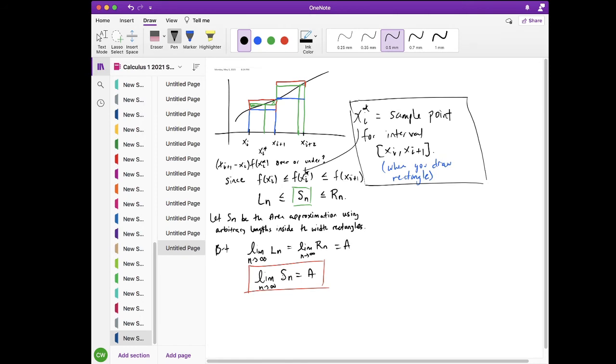Actually, it's very practical if you're doing actual area and you don't really have a function to work with, but you can calculate maybe the heights. Midpoint will turn out to be a very accurate method, more so than left and right. It gets closer to the actual answer. You don't need to go too far up for a large number of rectangles to get pretty close to the answer.